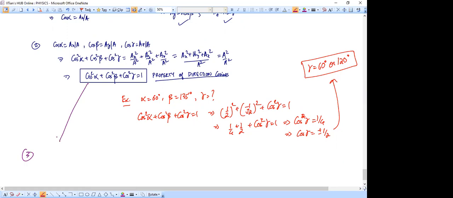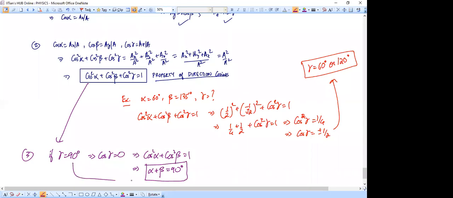If gamma is 90 degrees, cos gamma is 0, so cos square alpha plus cos square beta must be 1. That means alpha plus beta must be 90 degrees, so this is a 2D vector in the xy plane.